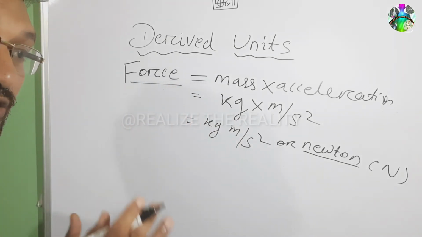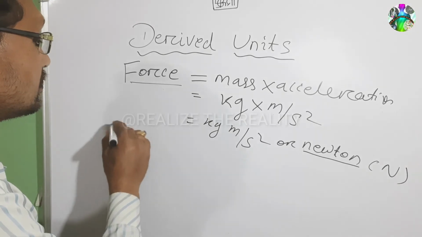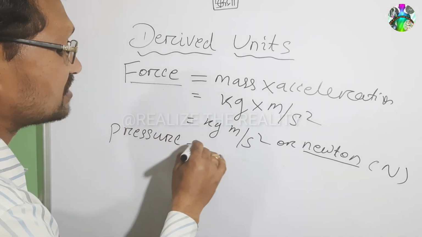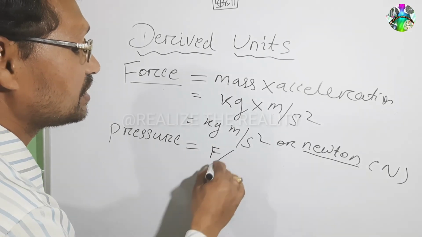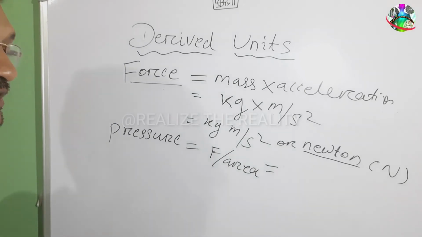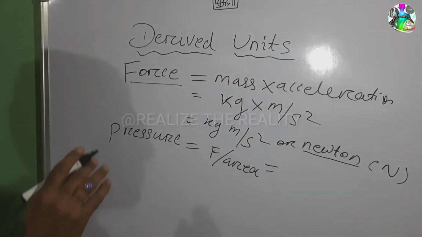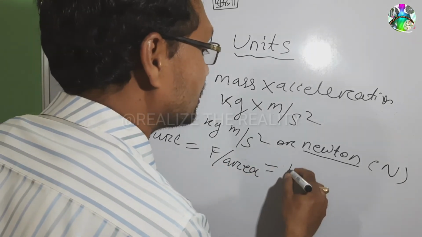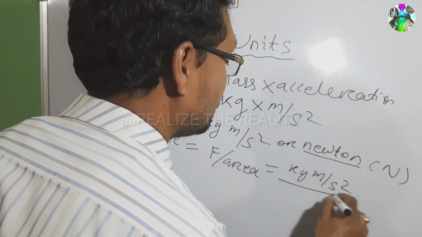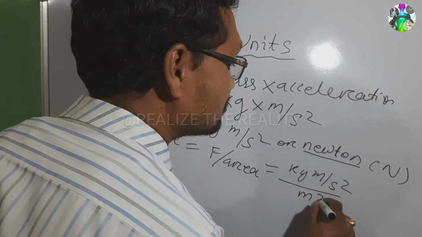Now another physical quantity we can take as an example: pressure. What is the formula for pressure? Pressure equals force per unit area. So force by area. So the force unit we studied now, kg meter per second square, divided by area, meter square.